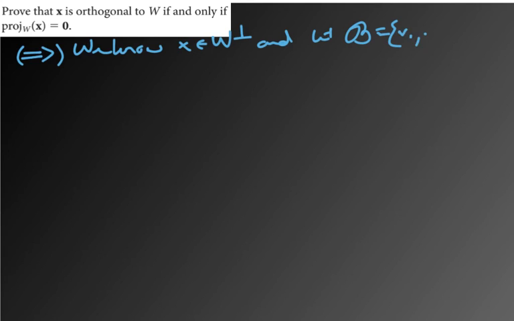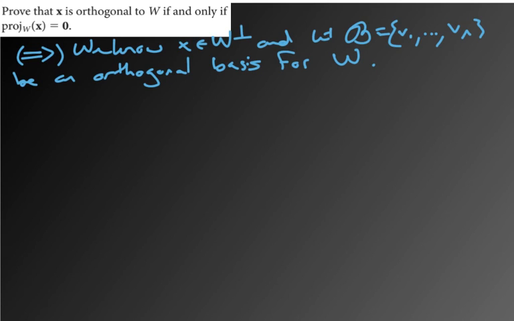So if I'm assuming this, we know x must be in W perp, okay? And I'm also going to let v1 through vn be an orthogonal basis for W.